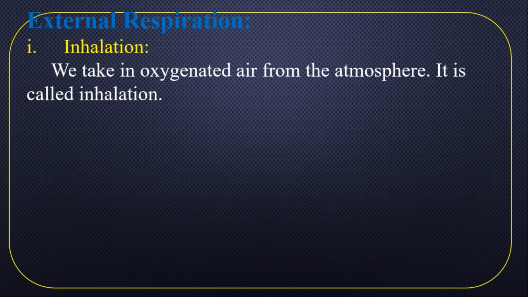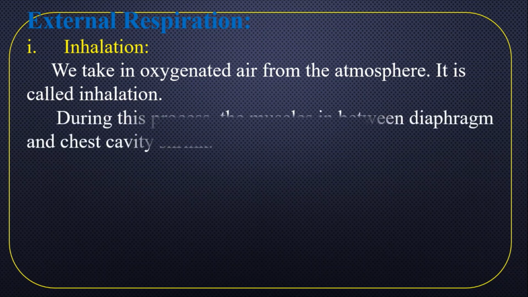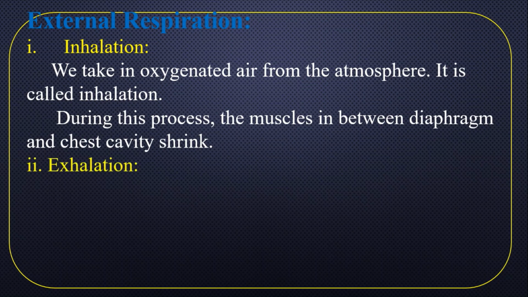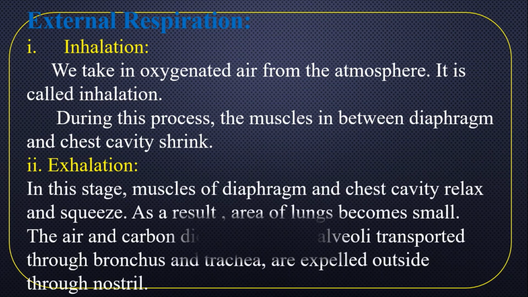We take in oxygenated air from the atmosphere. It is inhalation. During this process, the muscles of the diaphragm and chest cavity contract. Exhalation. In this stage, the muscles of the diaphragm and chest cavity relax.